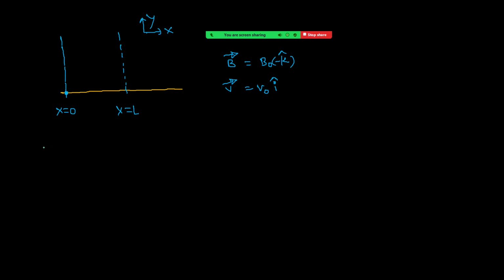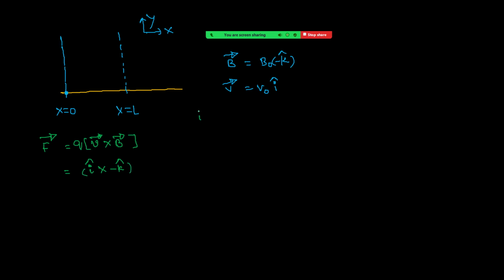So I am writing here F bar equal to Q into V bar cross B bar. Charge given positive. Velocity direction i cap, so I am focusing only on direction part: i cap cross direction of field minus k cap. So i cap cross minus k cap.